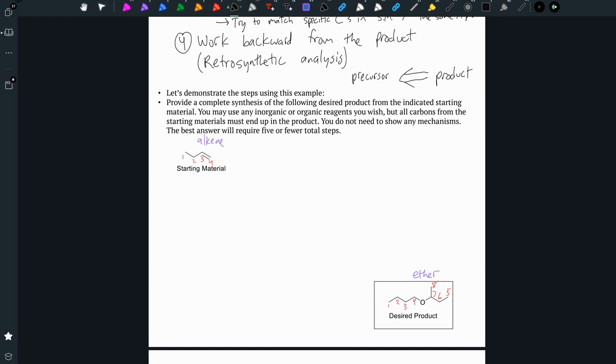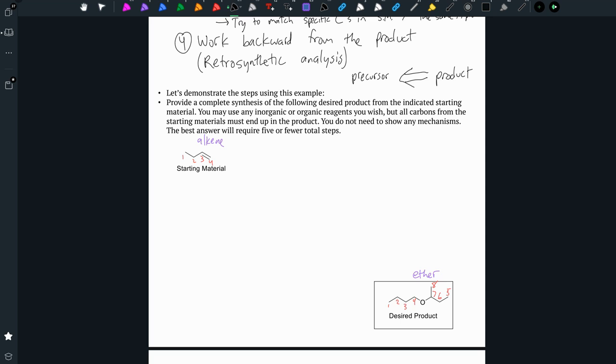Okay, so I look at the product and I see the product is an ether. And to work backwards from an ether, I need to think about what are the ether forming reactions I know. Well, I know I can make an ether by an SN2 reaction. I know I can make an ether by an SN1 reaction.